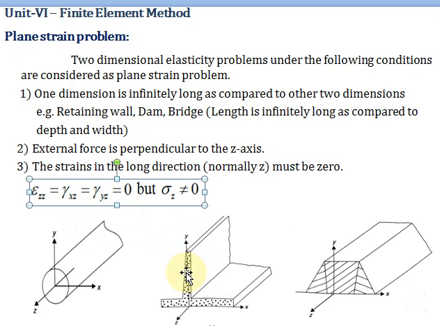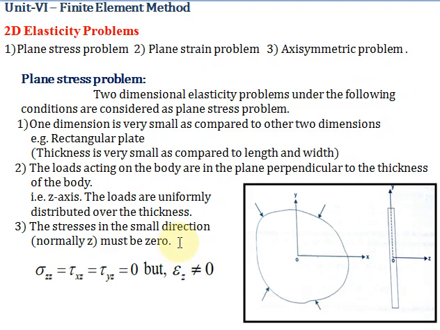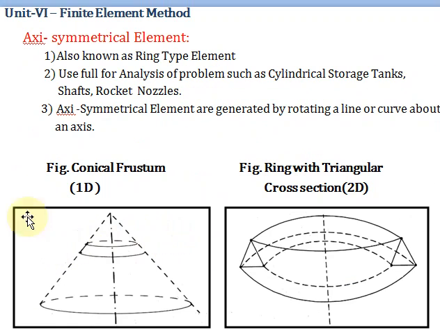Then we'll see the next, that is the axisymmetric element, also known as the ring type element. It is useful for analysis of problems such as cylinders, storage tanks, shafts and rocket nozzles. Axisymmetric elements are generated by rotating a line or a curve about the axis.